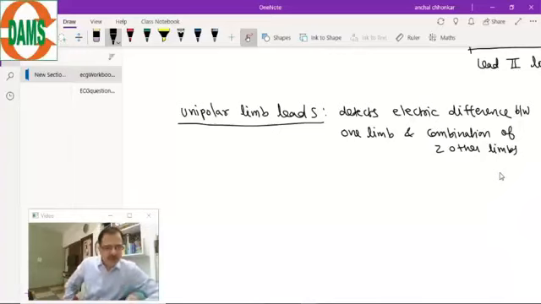So it is not 1:1. It detects the electrical difference between one limb and some combination of two other limbs.